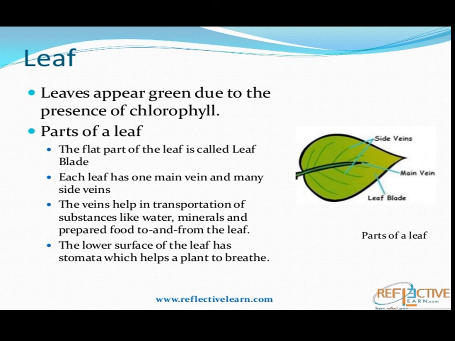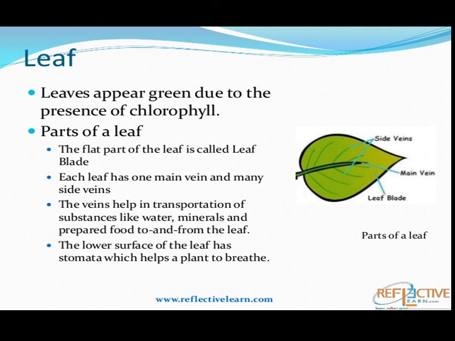They prepare their food in the leaf, and once the food is prepared, it is transported to every part of the plant, and that transportation of the food prepared by the leaf is done with the help of veins. Okay, then the lower surface of the leaf has tiny pores which are called stomata.